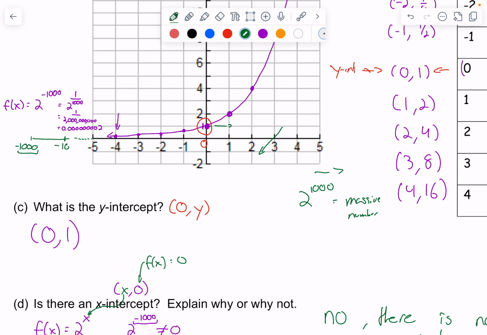That means at one point your function would have to equal 0, but it can't. We've shown that you can't ever be 0. So there's this hidden, dashed line, y equals 0, and this is your asymptote. It's a line that you cannot cross. You can never cross y equals 0.